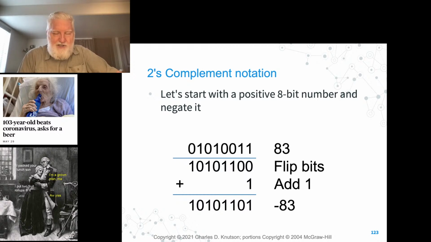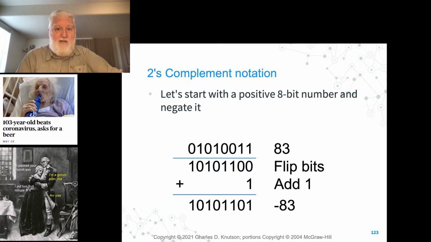We don't say take the sign magnitude of something. We don't take the 2's complement of something. 2's complement is a notation that includes both positive and negative numbers, and it's the name of the notation. A 2's complement integer is not necessarily a negative integer. It might be, the same way that a sign magnitude integer might be a negative integer, or a 1's complement, or some other random notation.